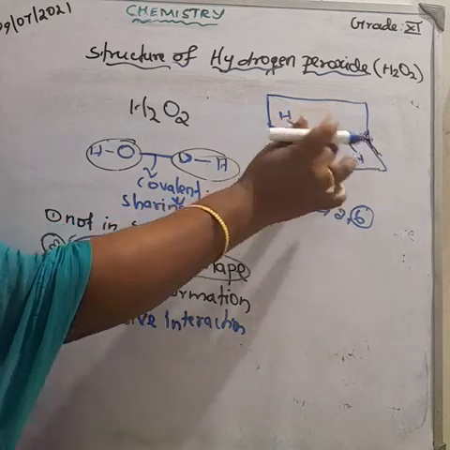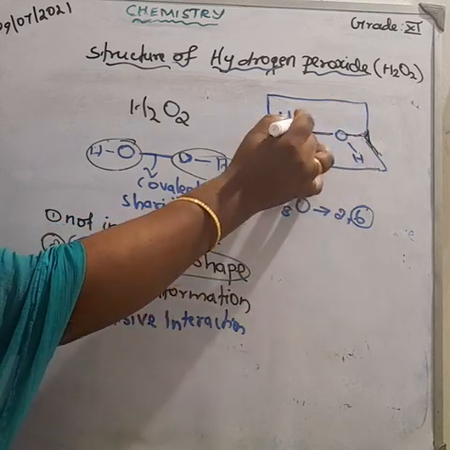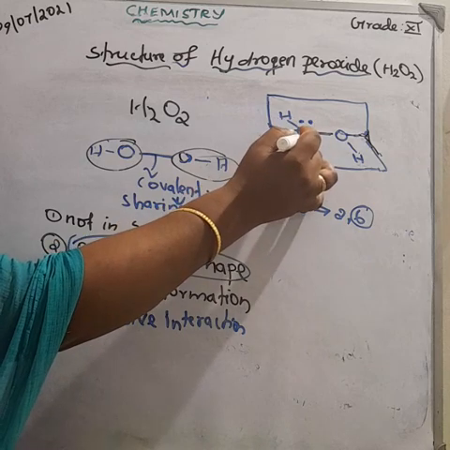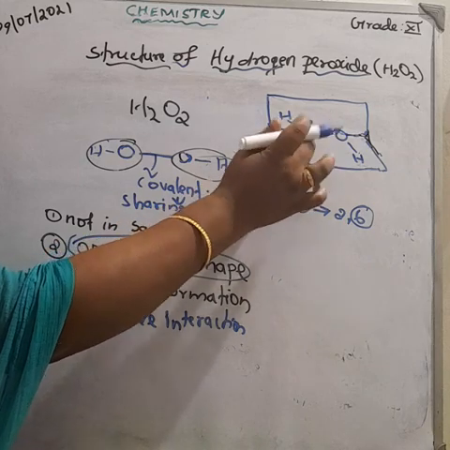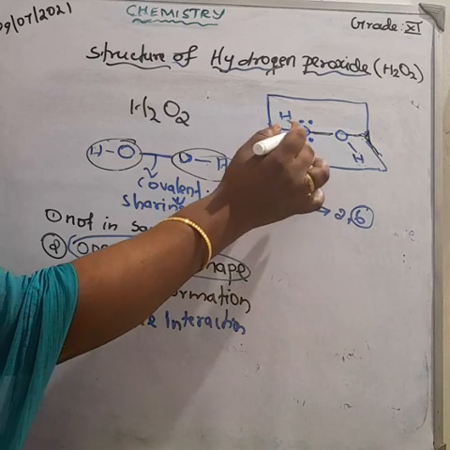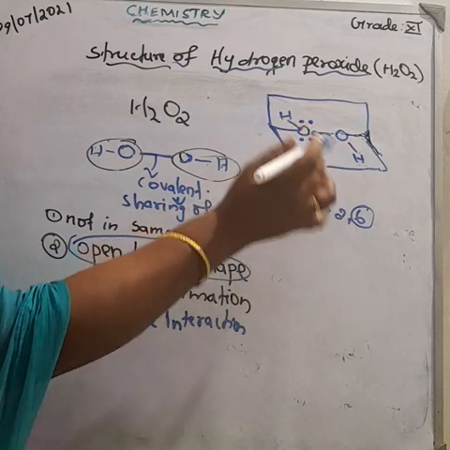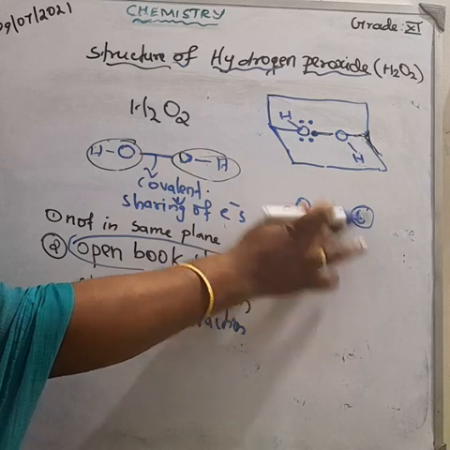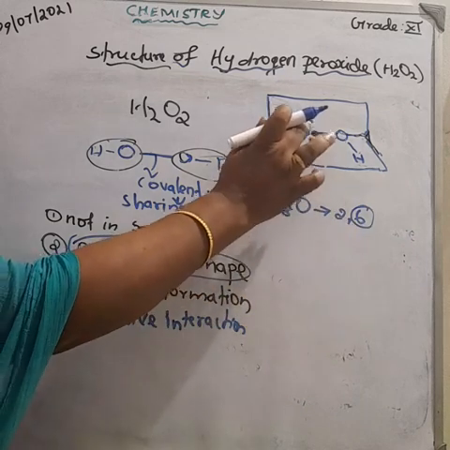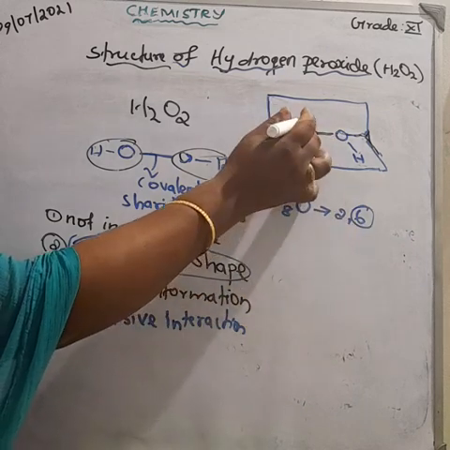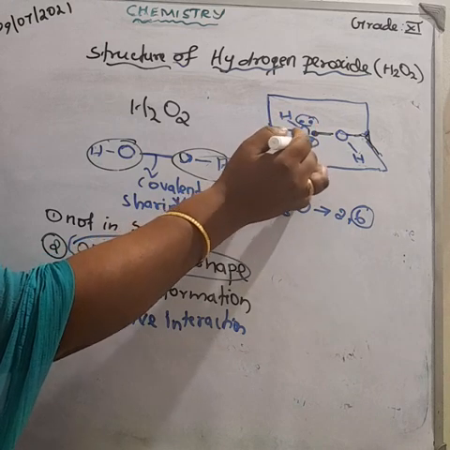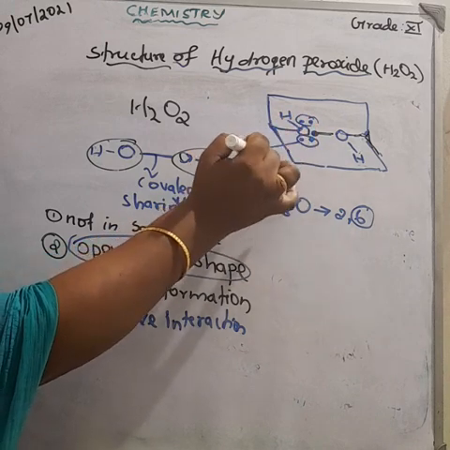Total 6 electrons. So 2 electrons are not involved in any bond formation, so we call this a lone pair of electrons. How many lone pairs does it have? 2 lone pairs. This is one lone pair, this is another lone pair. Like that, this oxygen also has atomic number 8, electronic configuration 2,6.